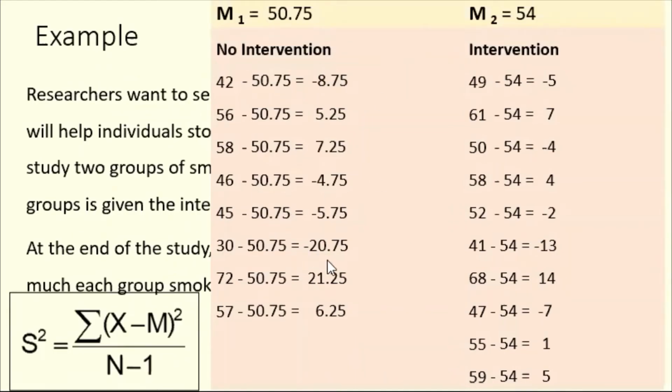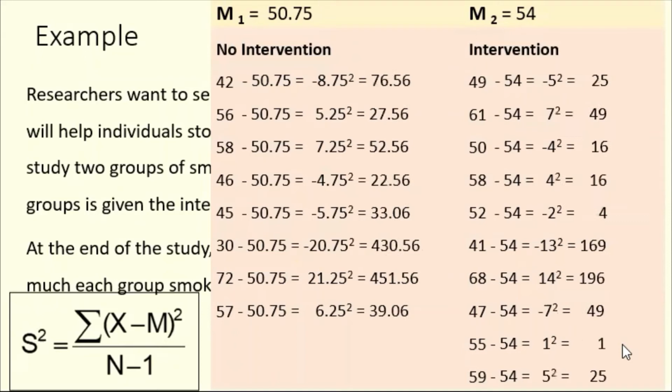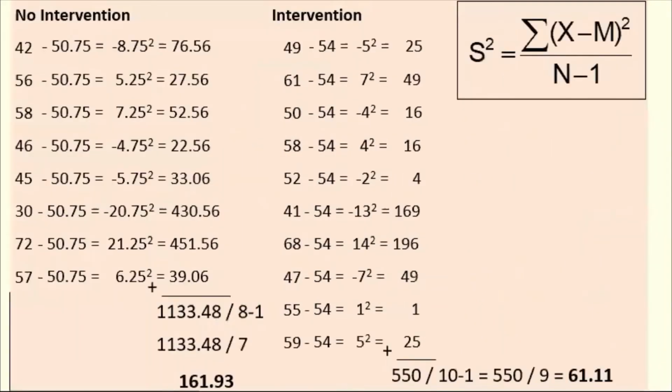Here I've started this process. We have our formula over here. I've put up the means here for us to reference. For each group, I've subtracted the mean for that group from each score, so 50.75 over here and 54 over here. We've done all those subtractions. We're going to square all of those differences and add up all of those squared differences.